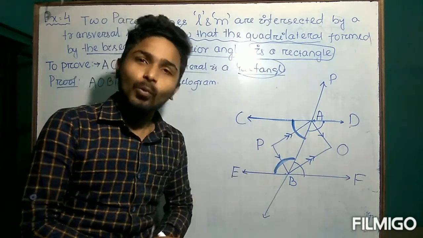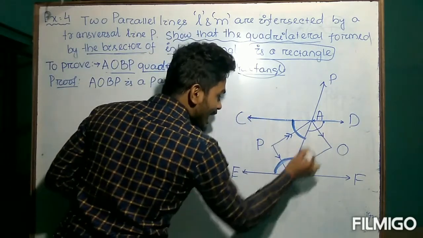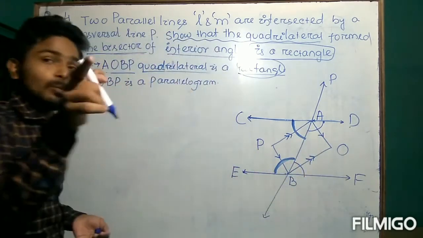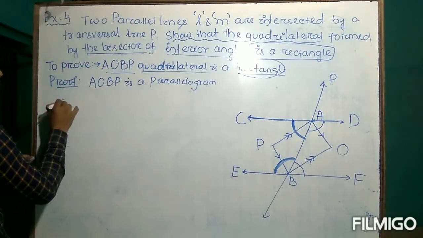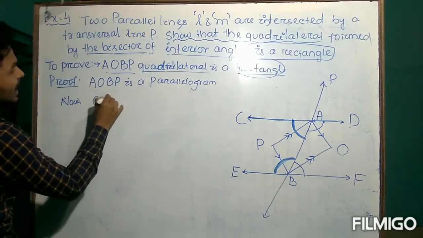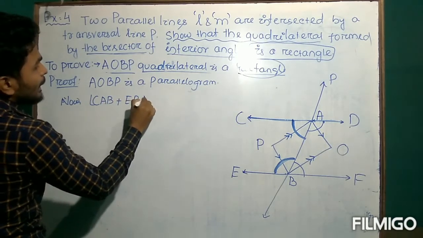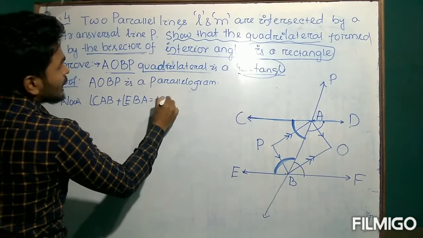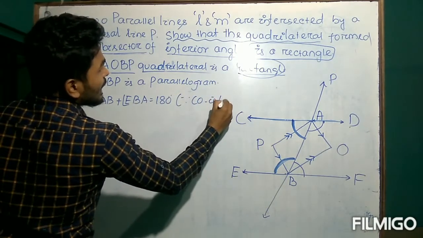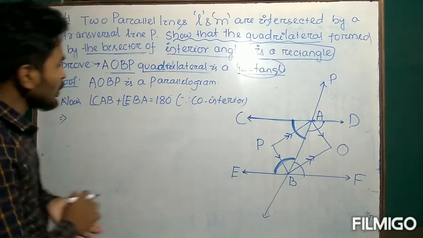It is equal to 180 degrees. So you can write CAB plus EBA is equal to 180 degrees. The reason is that they are co-interior.